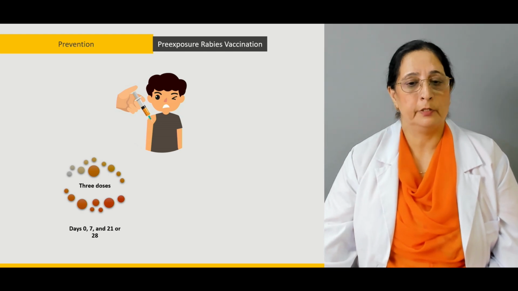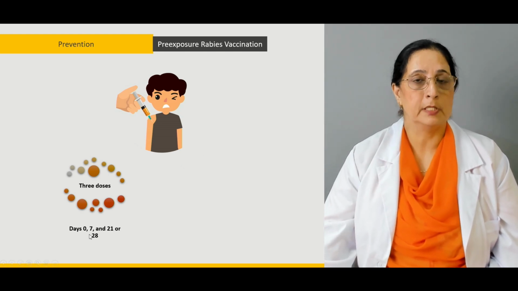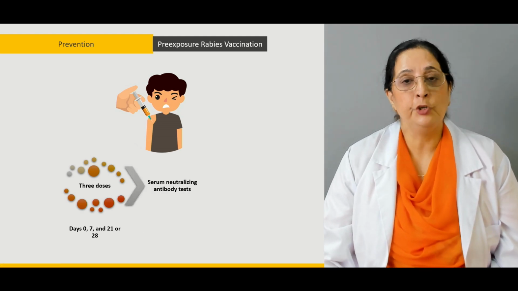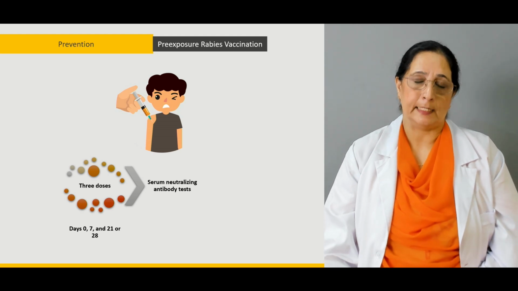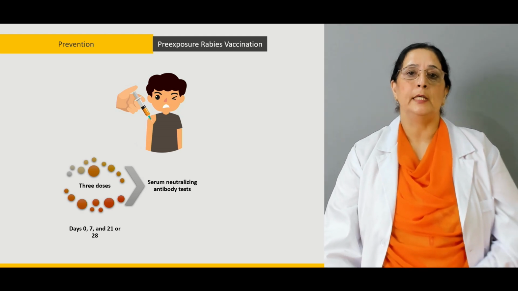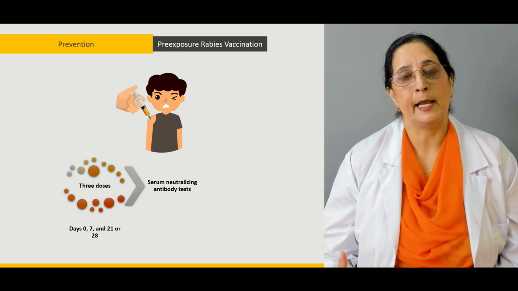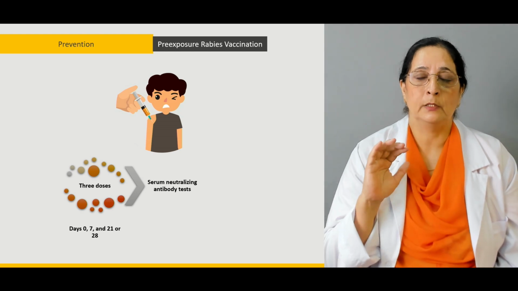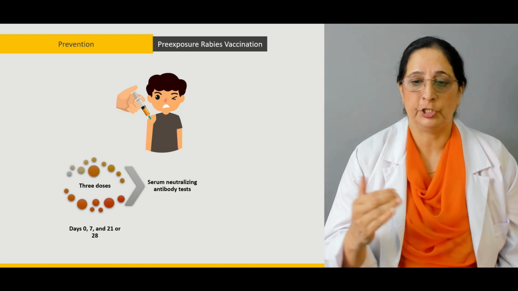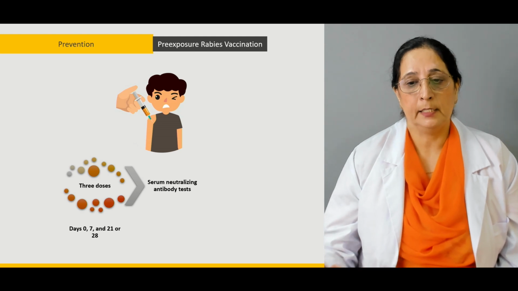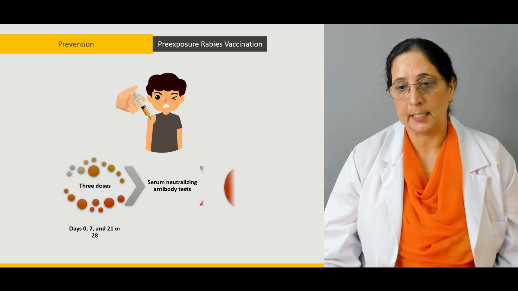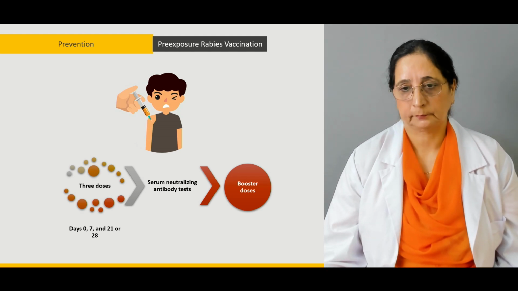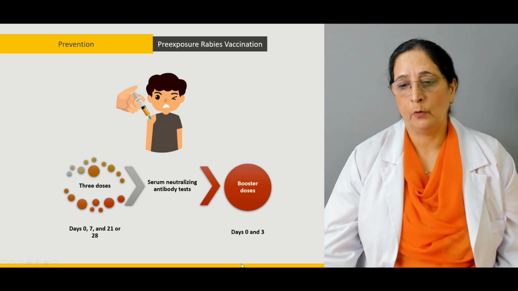But pre-exposure we have 3 doses, at 0, 7, and 21 or 28 days. Then the serum neutralizing antibody test: after the vaccination, we look at the antibody level to see if it's good enough to prevent infection, and then we give the booster doses at day 0 and 3.